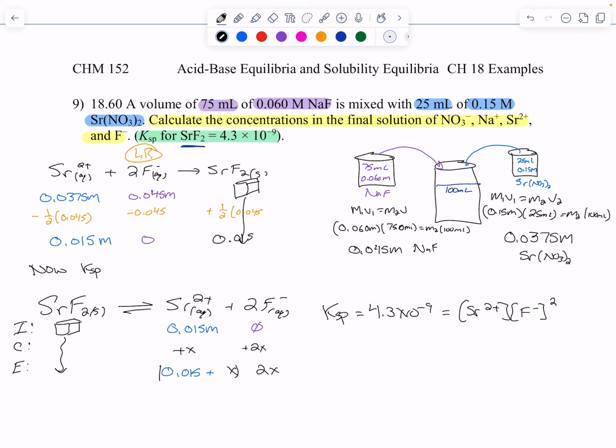So 4.3 times 10 to the negative 9 equals 0.015 plus x and 2x squared. We're going to approximate this change to 0 because we're way, way different in size. So that means we have 4.3 times 10 to the negative 9 equals 0.015 times 2x squared, which is 4x squared.